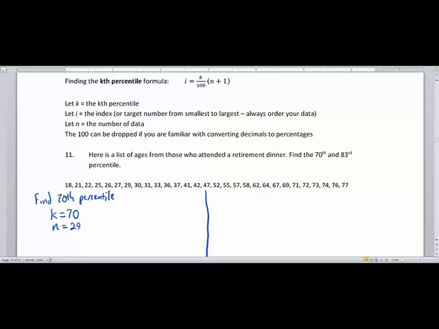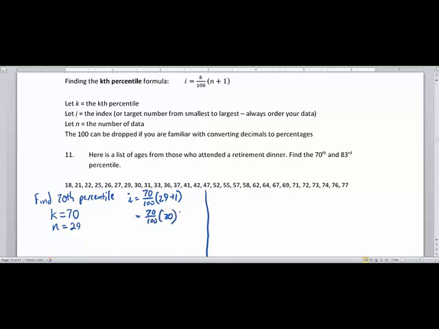To use this formula, I'm now going to plug the numbers in. To find my index i, which is my target number counting from the bottom, I take my k, which is 70, divide it by 100, and multiply by my sample size 29 plus 1. So i equals 70 over 100 times 30.